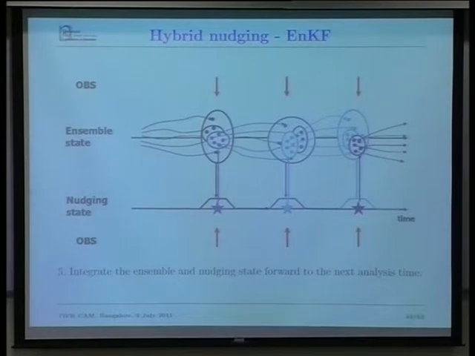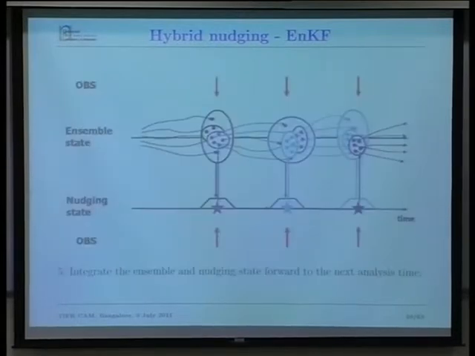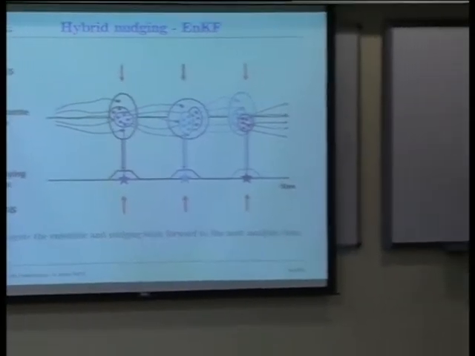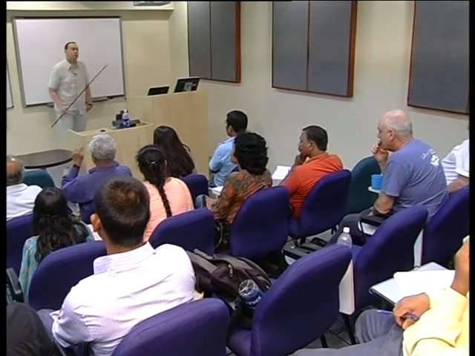But you keep the ensemble and then you move to the next step. So you could have let the whole ensemble go forward under the nudging system? Probably it will change the distribution of the ensemble, which may not be a good thing. The idea here is only to change the mean of the ensemble, but not the spatial distribution.